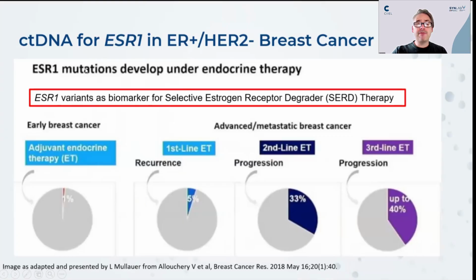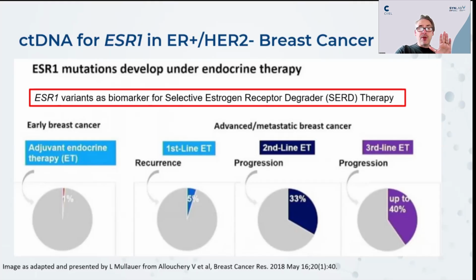So ctDNA for ESR1 in ER-positive, HER2-negative breast cancer, and these are acquired variants that develop as a response to endocrine therapy, such as aromatase inhibitors, and typically following first or second line of therapy.